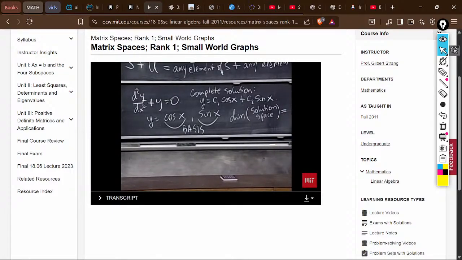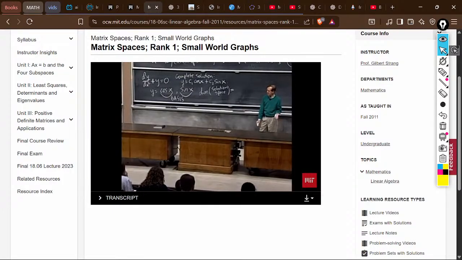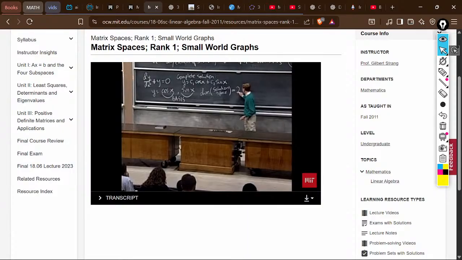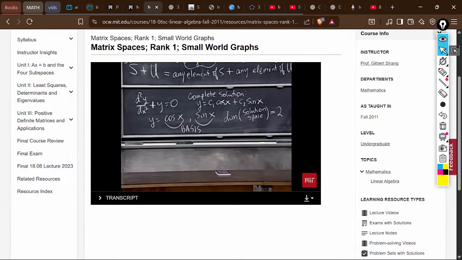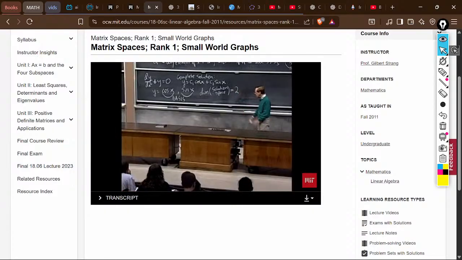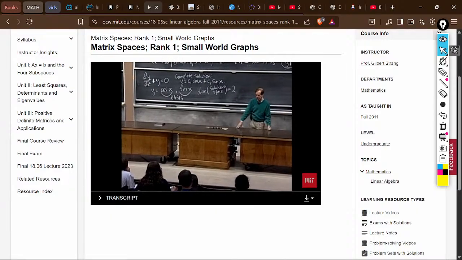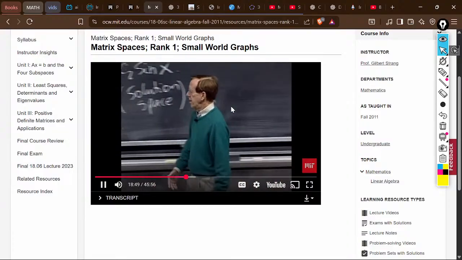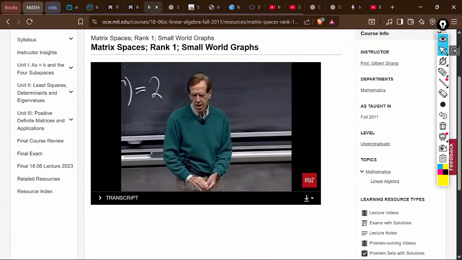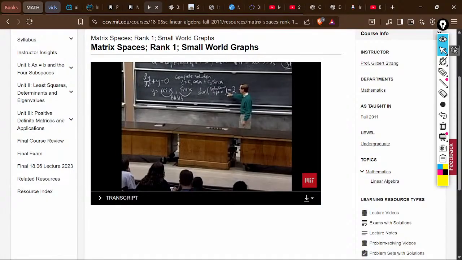How many vectors in this basis? 2. The sine and cosine. Are those the only basis for the space? By no means. e to the ix and e to the minus ix would be another basis. Lots of bases. But you see that really what a course in linear differential equations is about is finding a basis for the solution. The dimension of the solution space will always be 2.